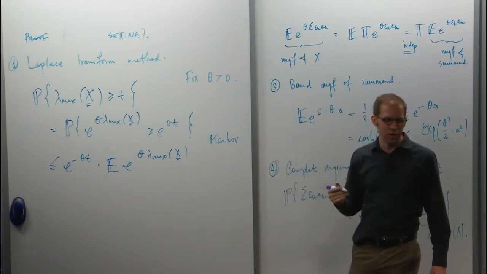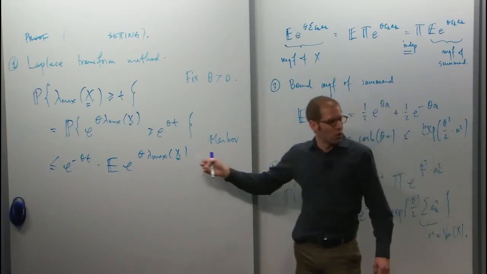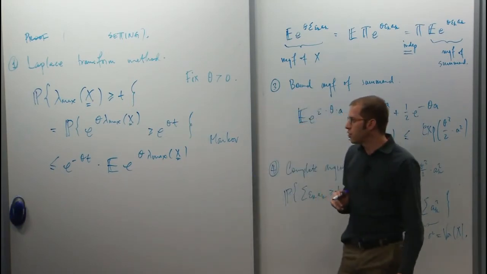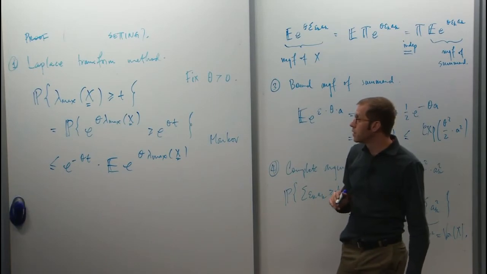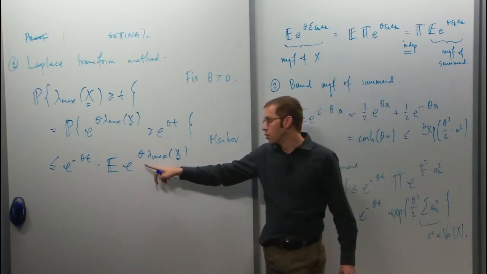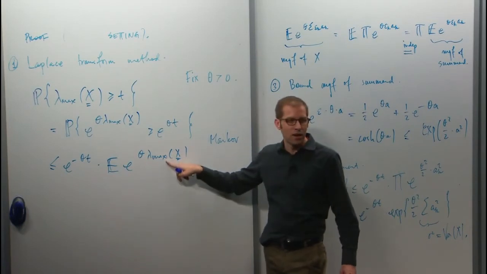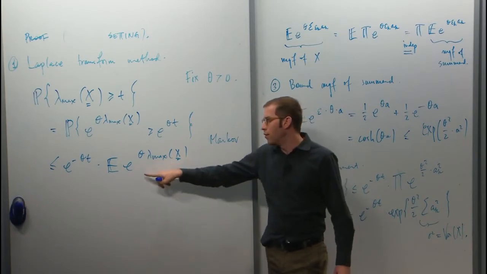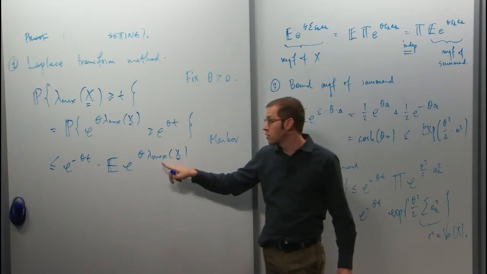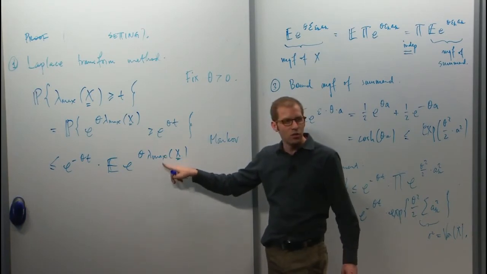Now we're going to do something else. I don't like this maximum eigenvalue because it's hard to deal with. So the first thing I'm going to do is draw the maximum eigenvalue out of the exponential. You can certainly move theta inside because it's a positive number, and the maximum eigenvalue is positive homogeneous. And the spectral mapping theorem tells us that the exponential of the maximum eigenvalue is equal to the maximum eigenvalue of the exponential.